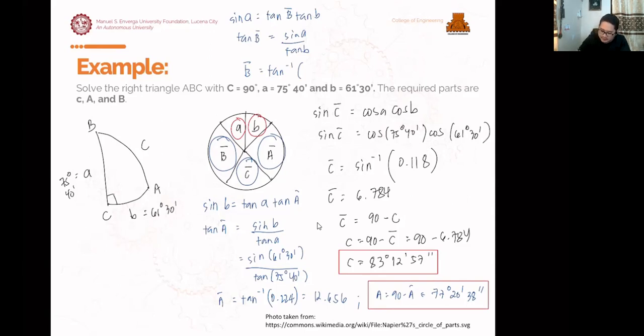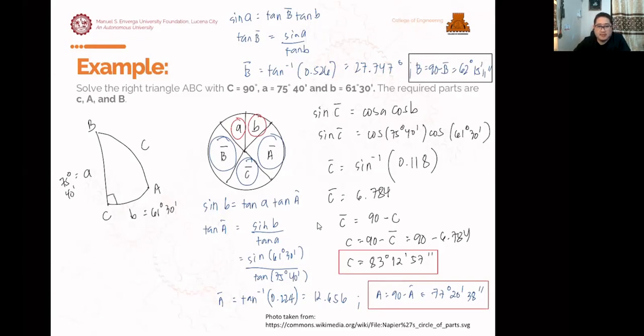We have 0.526. Taking the inverse tangent of that value, we have 27.747 degrees. But we don't need bar B, we need B. So 90 minus bar B equals 62 degrees, 15 minutes, and 11 seconds. Okay? So these are our answers for the given problem.